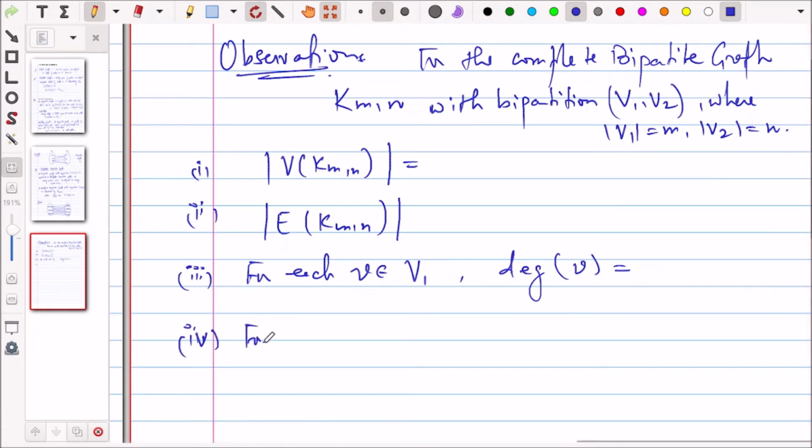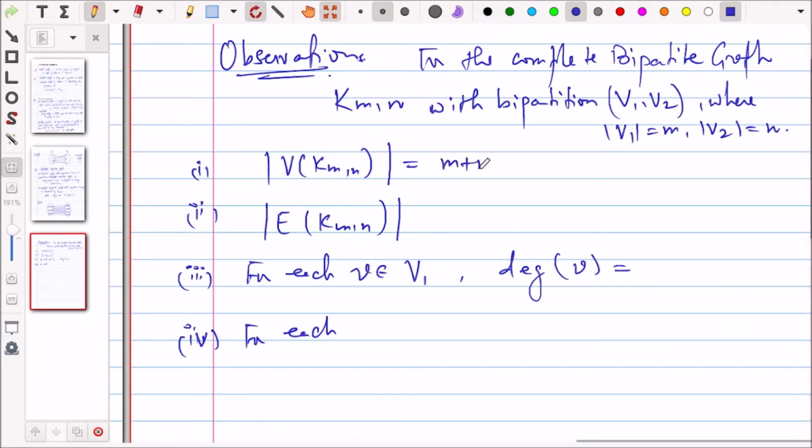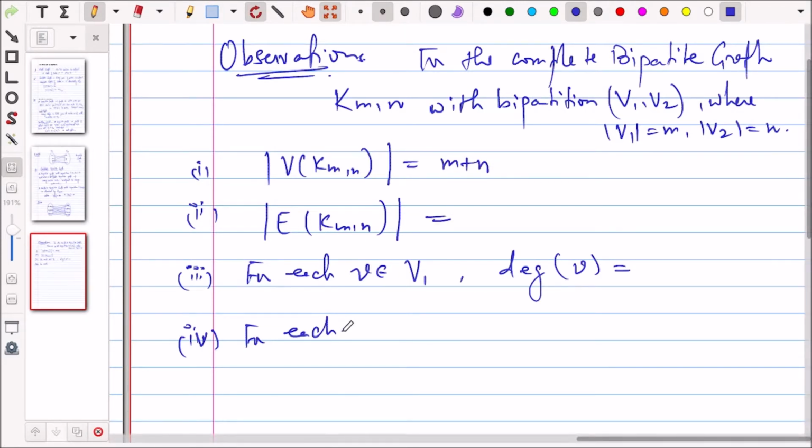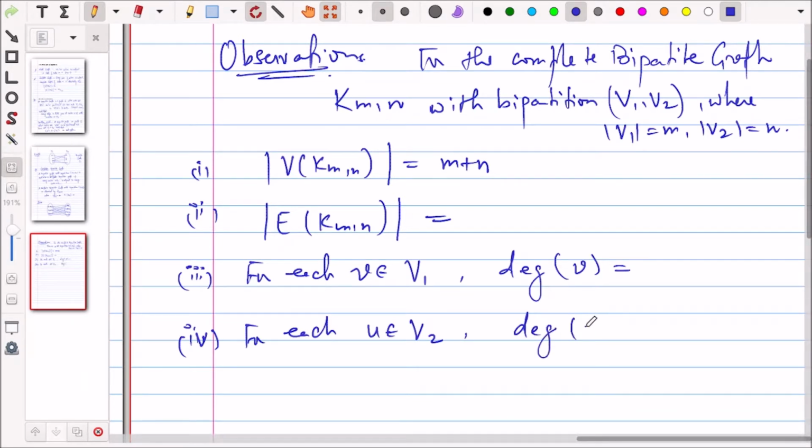Sir, the order of K m,n equals the cardinality of V of K m,n, which equals m plus n. Yes. What about the number of edges? Sir, it's equal to n plus n, and so on, m times, so m into n. Yes, mn. ठीक है ना?